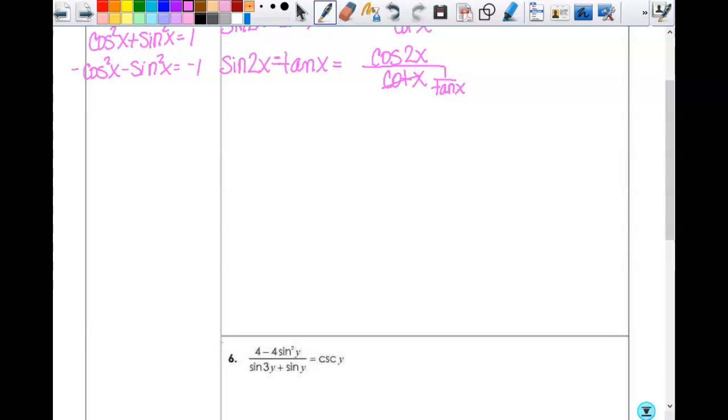I'm going to rewrite the left-hand side, sine 2x minus tangent x equals, so when I multiply by the reciprocal, this will give me cosine 2x times tangent x. So I have a tangent in the numerator now.